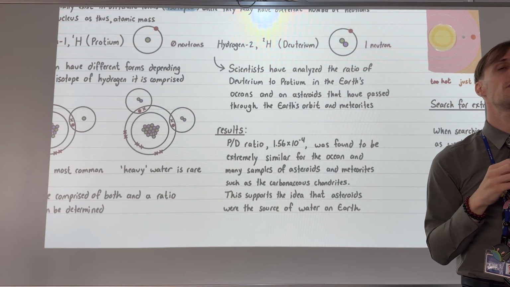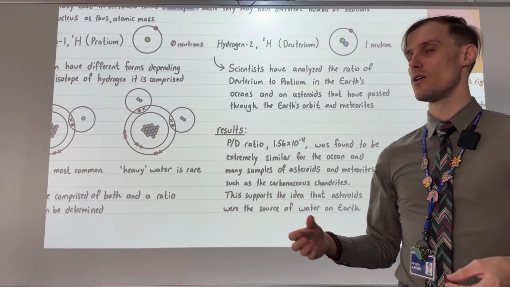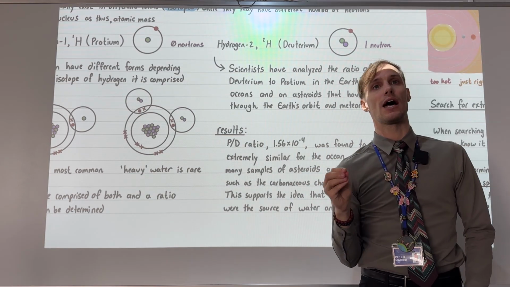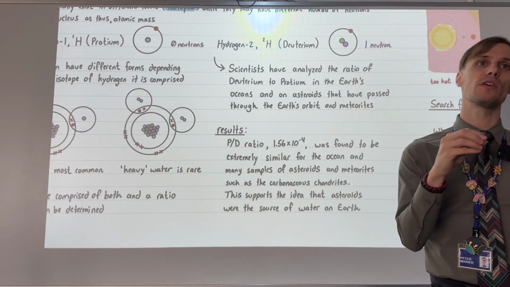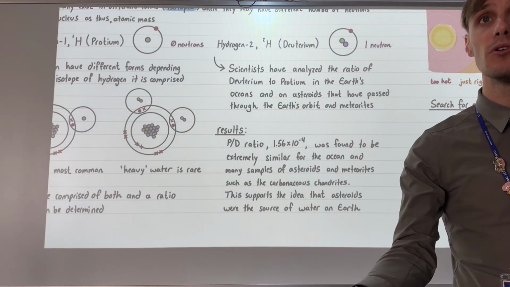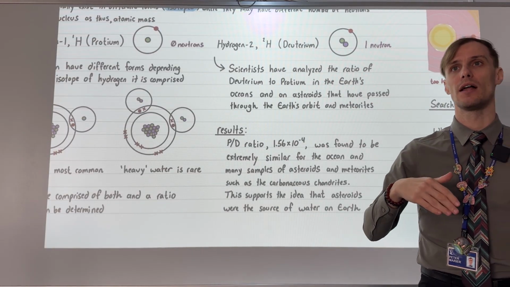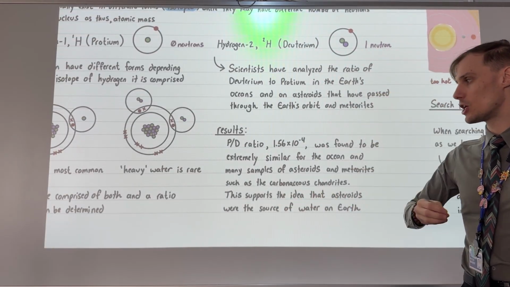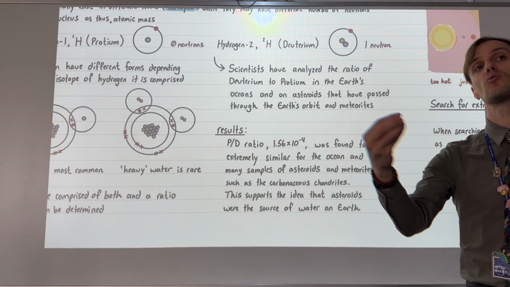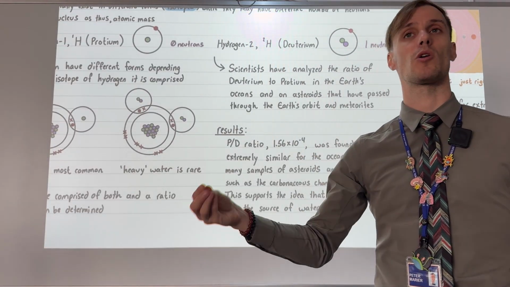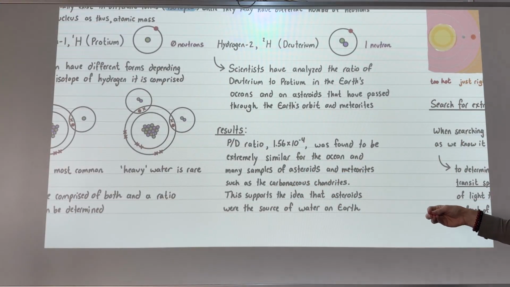It would be incredibly unlikely for the exact same isotope ratio to exist just haphazardly. So it's not definitive proof, right? We have to look at likelihood. And in this case, it's a very strong piece of evidence to support the idea that this is where water came from. This is where water was delivered, from asteroids.